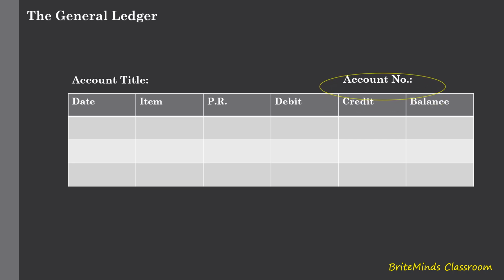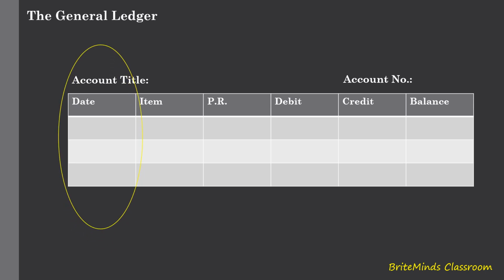The account number is an assigned number for each account title to facilitate ease in recording and cross-referencing. For example, the account number we assign for the cash account is 101.